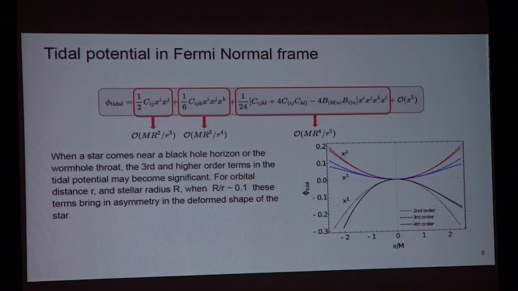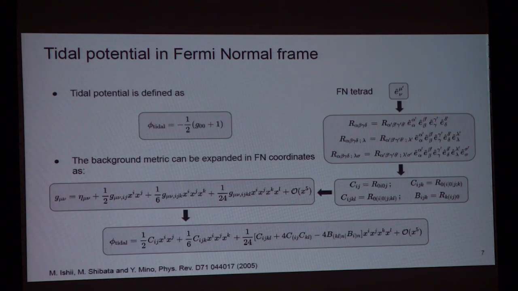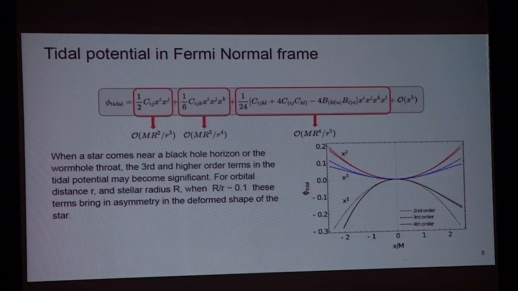Okay. So if you consider the tidal potential in Fermi normal frame, then this is the same expression as in the last slide that I have just written down again, and what you can show is that, at least for spherically symmetric configurations, the first term in the tidal potential, that is your ubiquitous r cube term.